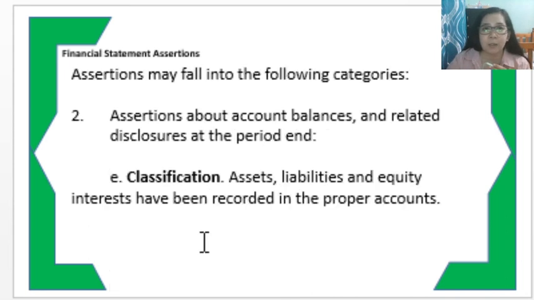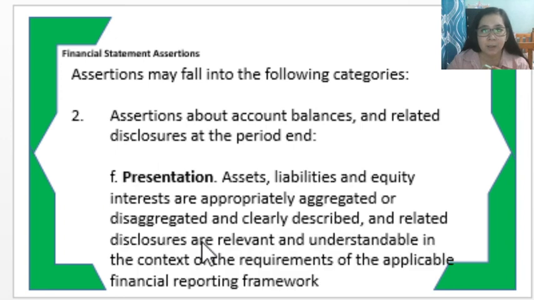Okay, another assertion under this category is classification. So the auditor here will determine if the assets, liabilities, and equity interest are recorded in the proper accounts. So they are classified accordingly based on their nature. Okay, another assertion under this category is presentation.